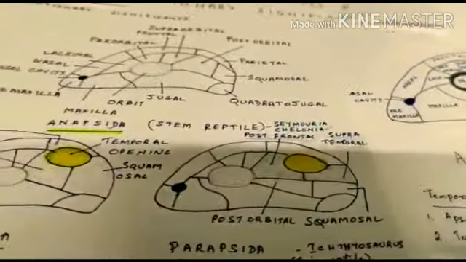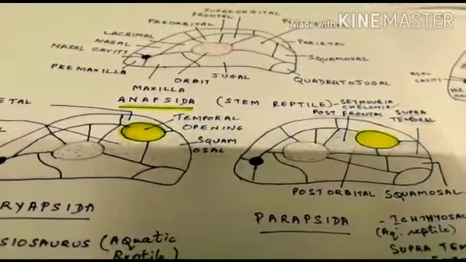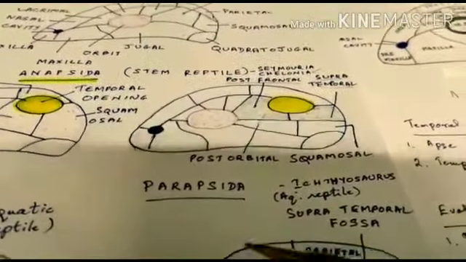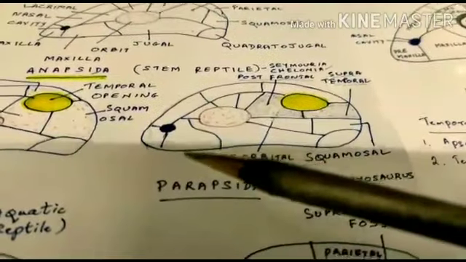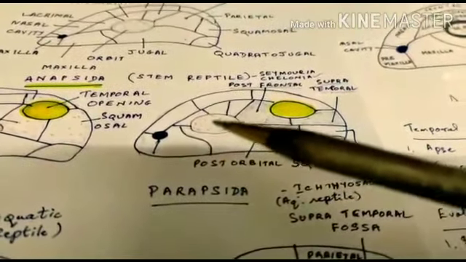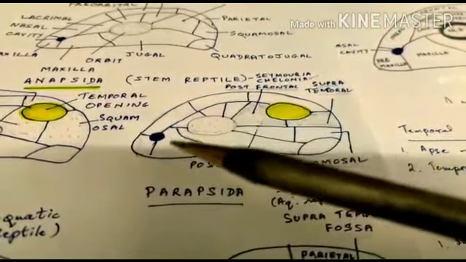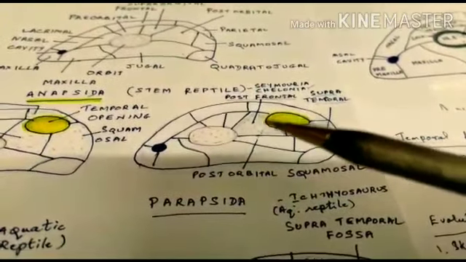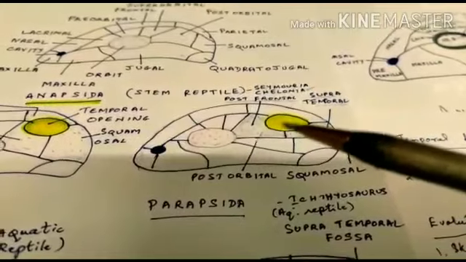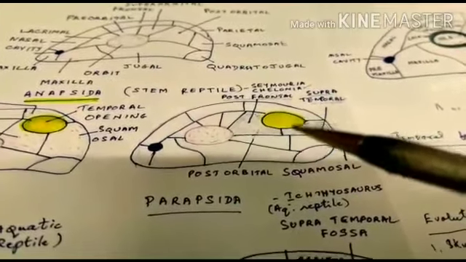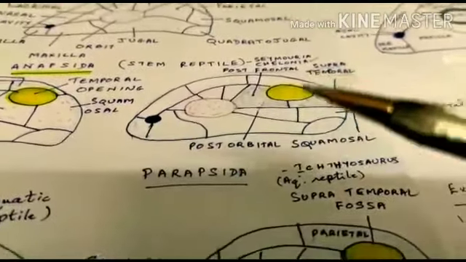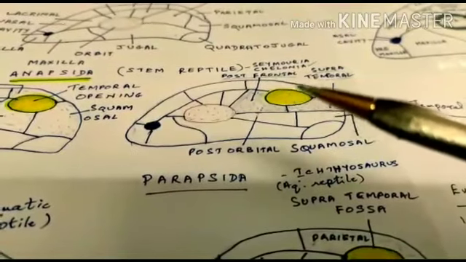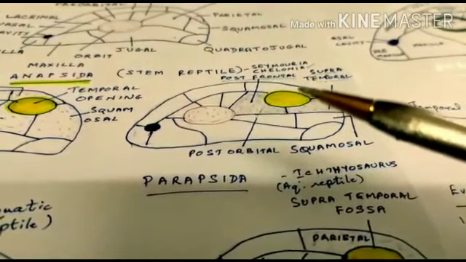Now, the other types of skulls are the following. Look at this skull, which is the parapsid skull. In case of the parapsid skull, you do have the regular openings, that is the orbit for the eye and the nasal opening. Apart from that, you can see this yellow structure. This is the fenestra or the fossa, and it is present towards the upper side of the skull, that is towards the roof of the skull.